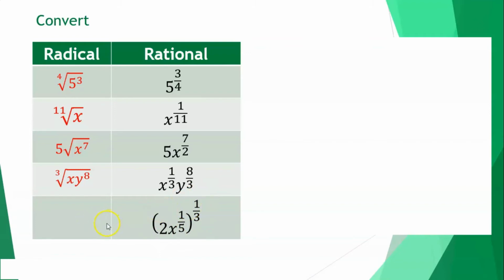So to rewrite this in radical form, it will be like this. So start with the innermost expression. Since here 2 is not part of the exponent 1 over 5, write 2 here. 5 will be our index, then square root of x. Now take note, this one is still raised further to 1/3, in which our index will be 3. So this will be the cube root of this one. So take note how it is done.